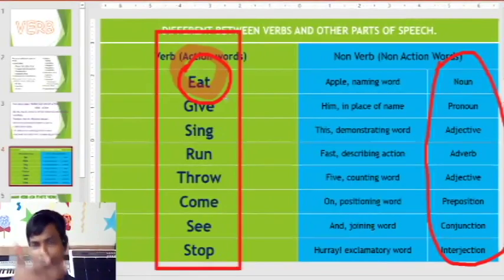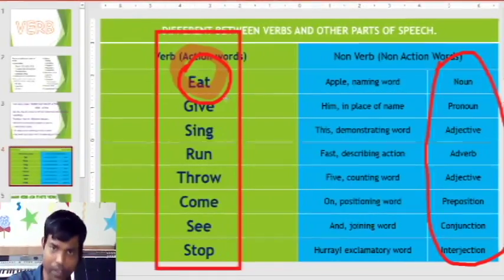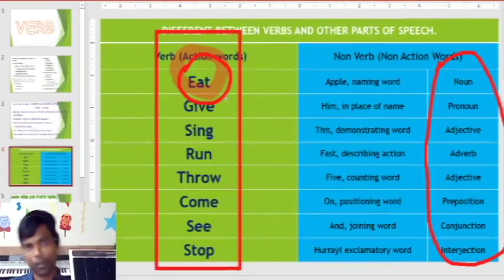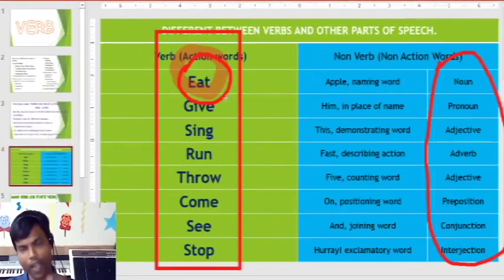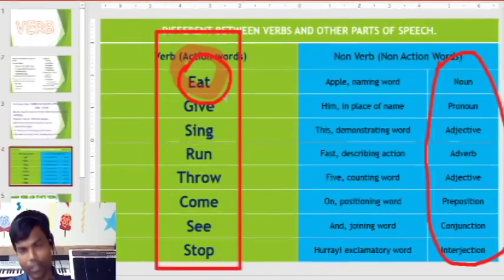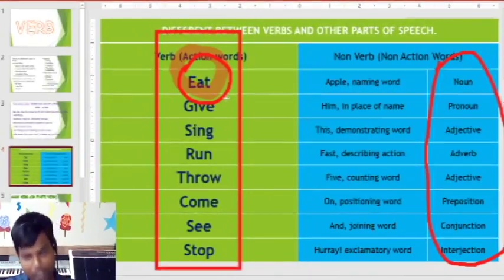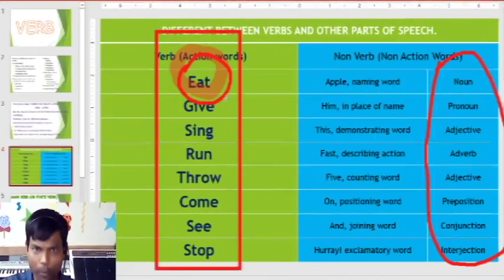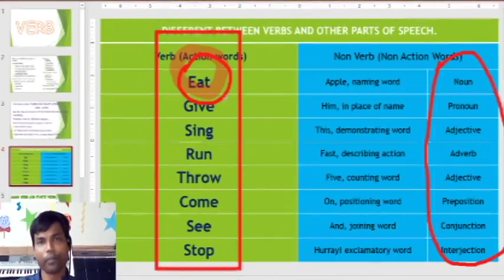Next, give, the very act of giving. Give. This calls for an action. And verb is an action word. That is why some of the words demand an action. Stop. Perhaps by now some of you have stopped doing.